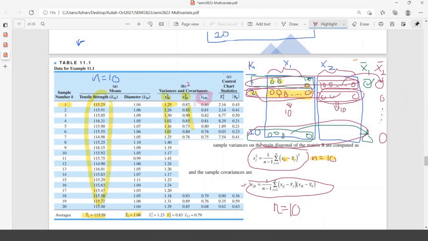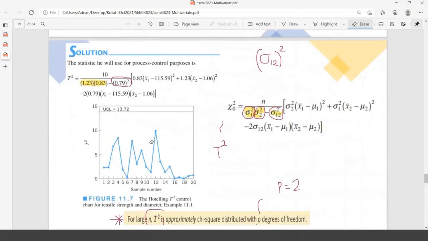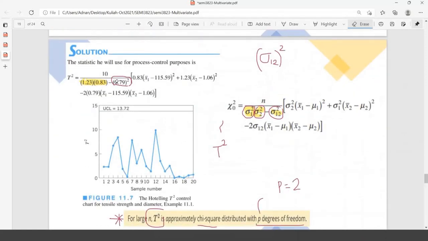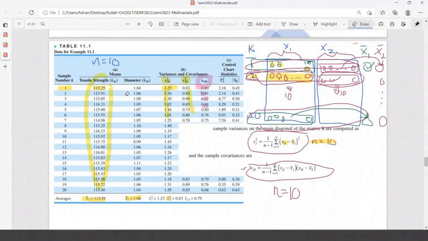So whatever you got from the calculation needs to be squared when you enter it in the formula. This value is not squared. So we have to be careful in using this formula. So 0.79 is squared. So where do we get 0.79? This is showing the sample calculation.